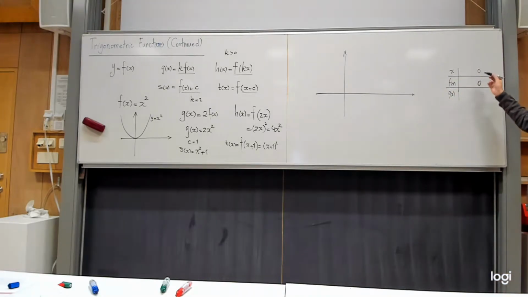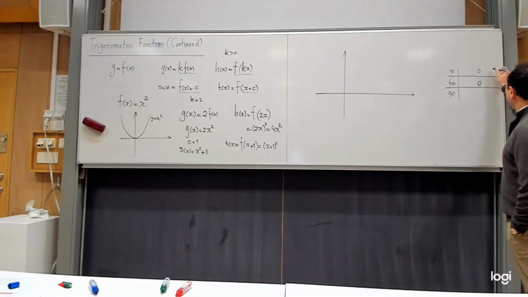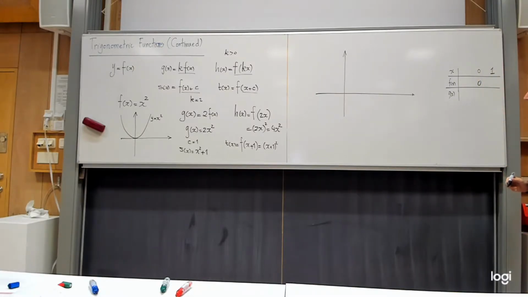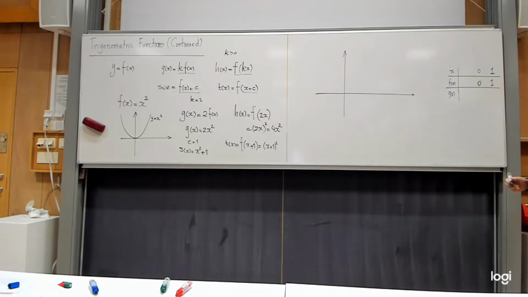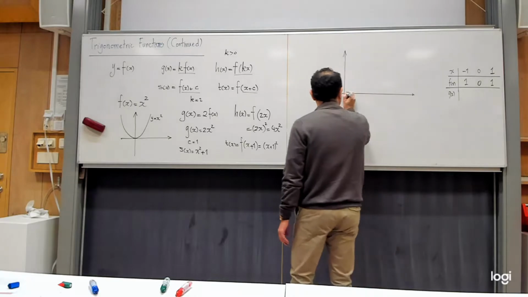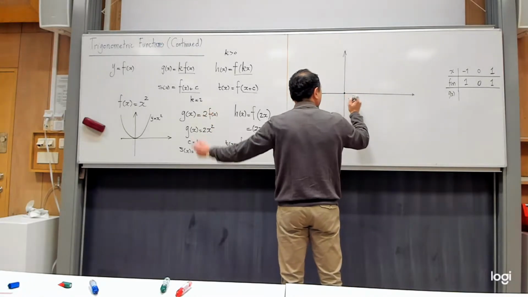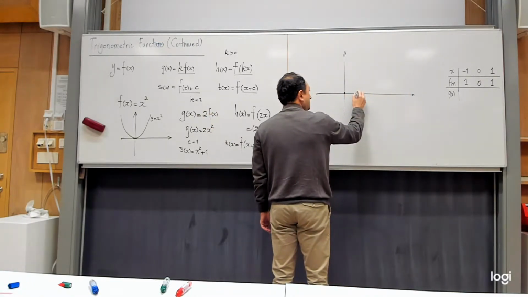And for example, 3 points is enough. Let me take x to be 1. If I feed it into the function f, I will get 1. Agree? And then if I put minus 1, what do I get? 1 again. If I find these 3 points, because you know the final graph, it is enough for us.